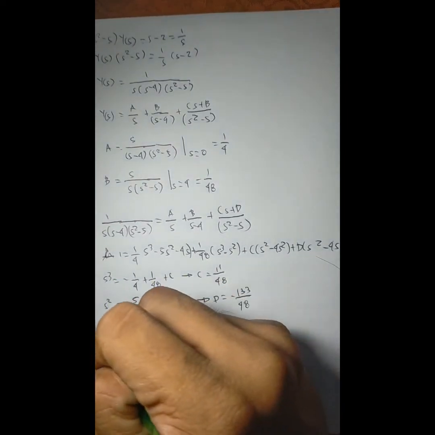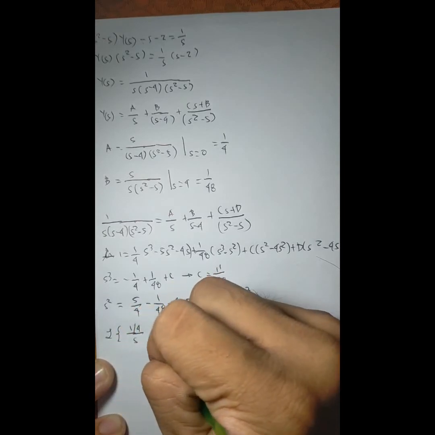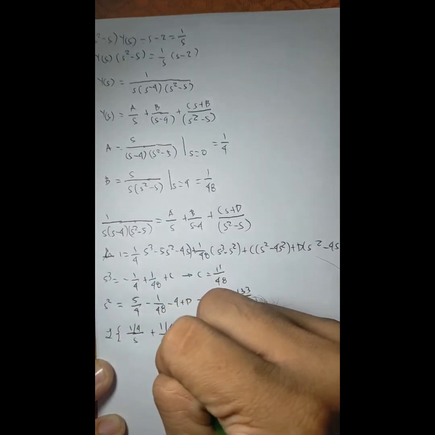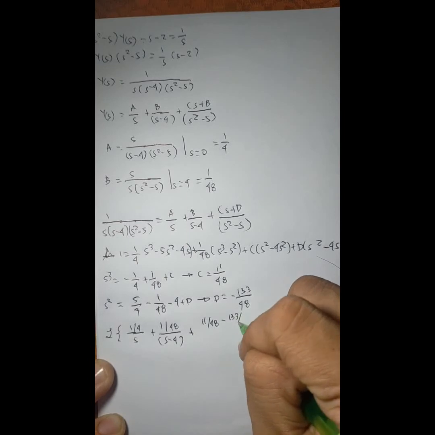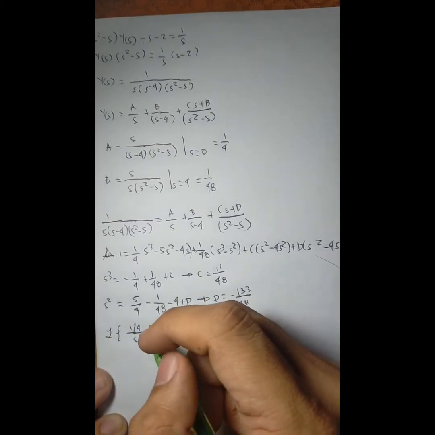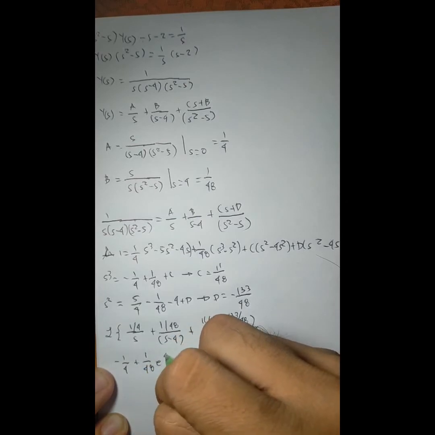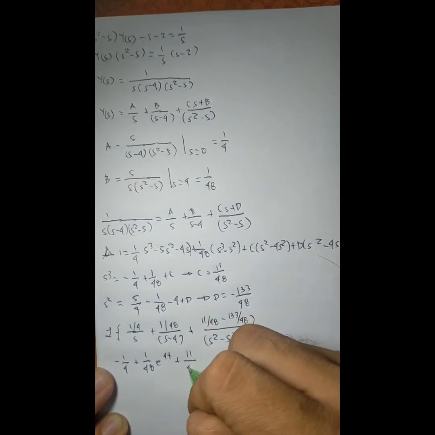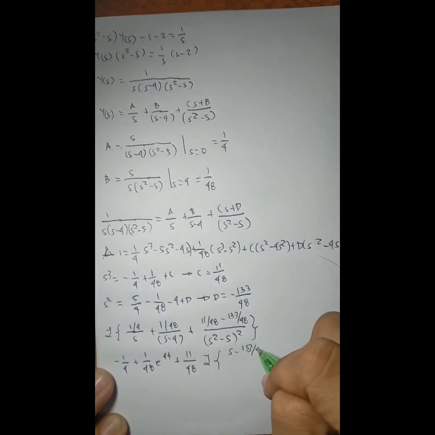And get the Laplace value of 1/4 over s plus 1 over 48 all over s minus 4 plus 11 over 48 minus 133 over 48 all over s squared minus s. So this can be equal to negative 1/4 plus 1 over 48 e raised to 4t plus 11 over 48 Laplace of s minus 133 over 48 all over s squared minus s plus square root of 2 over 2.